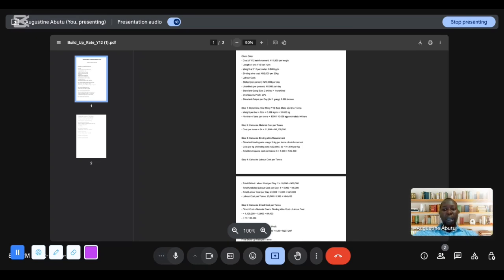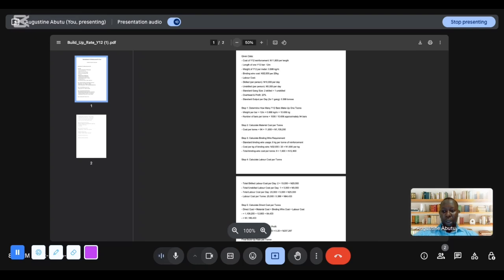The output of a gang per day: due to experience, because I've been working on site, we've been able to calculate that 0.388 tons is what a gang can achieve in a day. It means that a gang can achieve 0.388 output in a day.